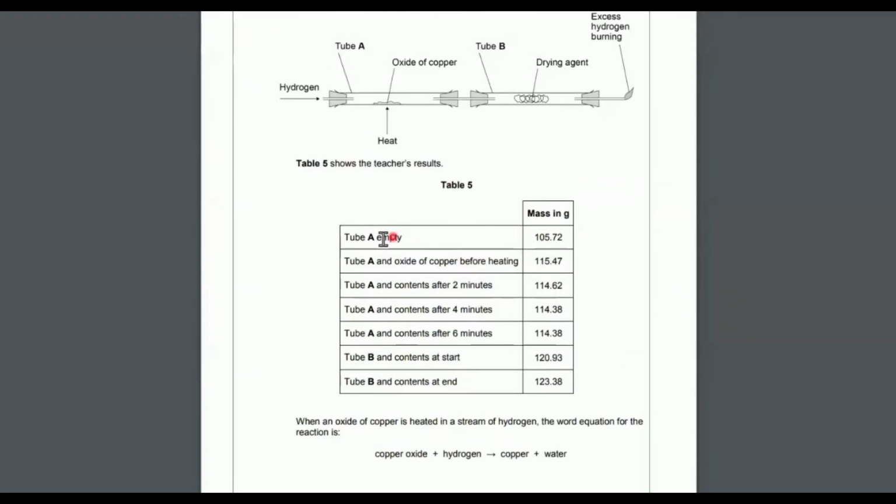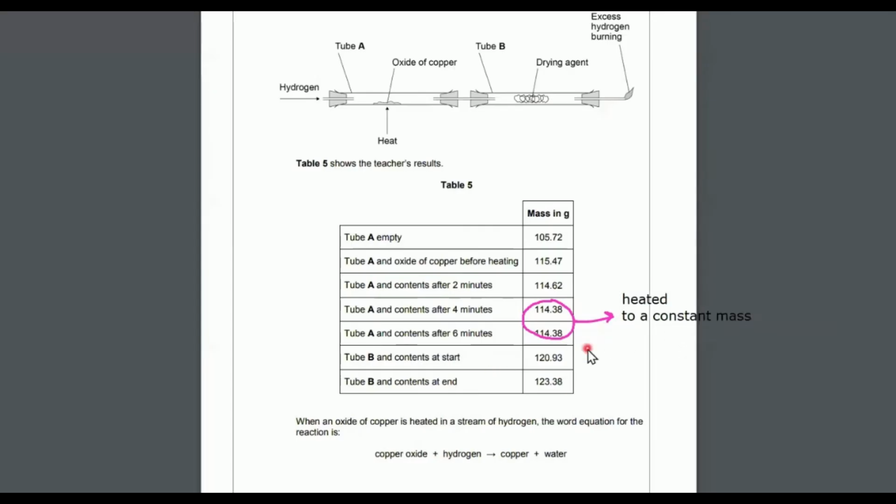We've been given a set of data here, and we're going to do some calculations. The mass of the tube when empty is 105.72. Tube with the copper oxide is 115.47. Tube and contents after 2 minutes, 114.62. Then after heating till a constant mass, it's 114.38. That's important. Tube B at the start is 120.93, and at the end 123.38.